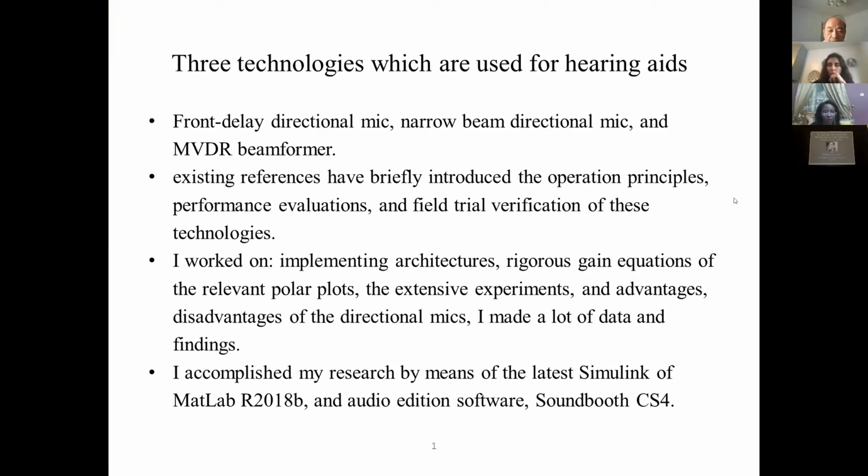I made a lot of data and findings. I accomplished my research by means of the latest Simulink of MATLAB R2018b and audio editing software Sound Booth SC4.